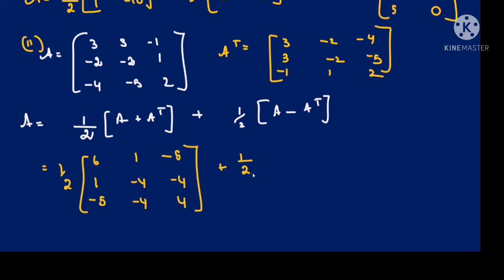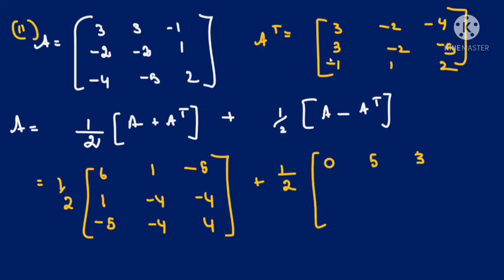Now subtract. What do you get now? 3 minus 3, 0. 3, change the sign here, plus 2, 5. Minus 1, change the sign here, plus 4, becomes plus 3. What about here? Minus 2, minus 3, minus 5.